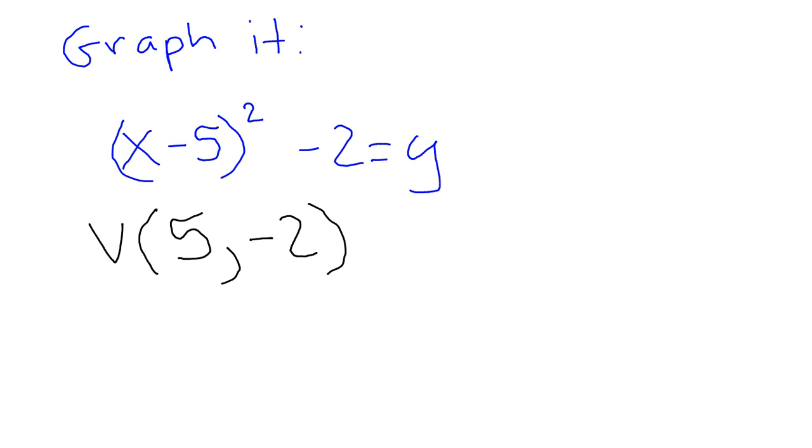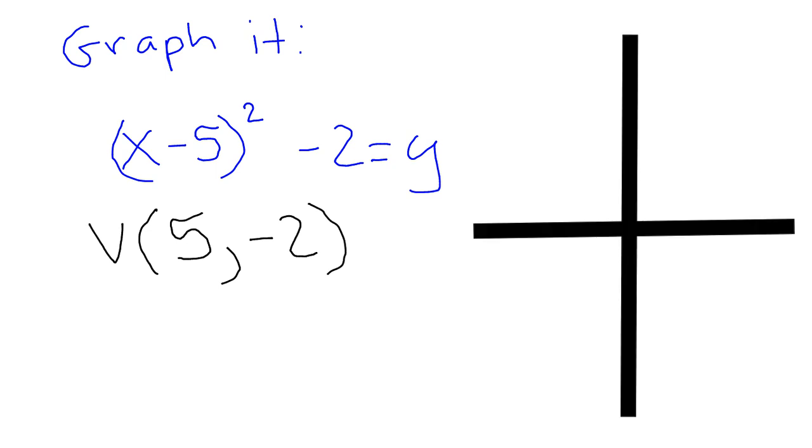If we were going to graph this, we would pick 2 points higher than 5 and 2 points lower than 5, and we would put it in a table. We're going to save how to graph for another day, but I want to show you the picture of what this graph would look like of the quantity x minus 5 squared minus 2. Notice that the graph to the right creates a parabola or an arc.